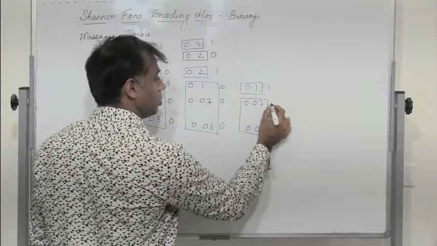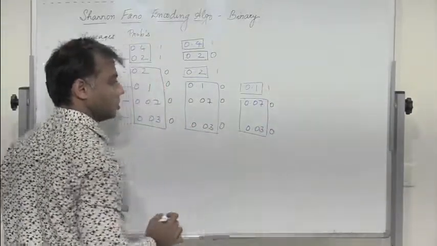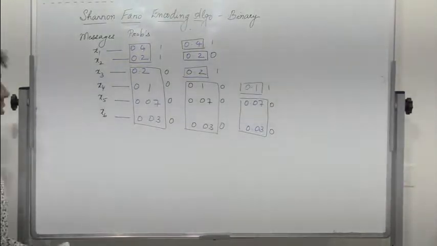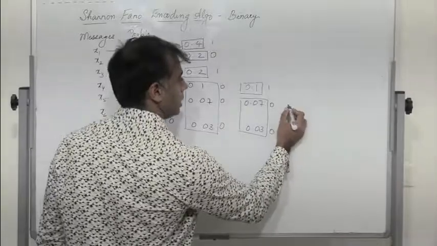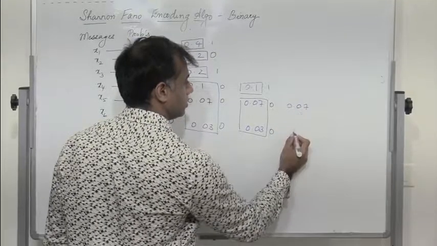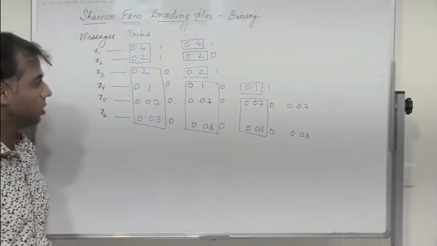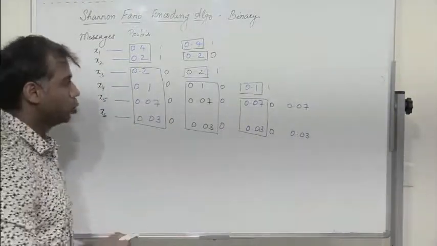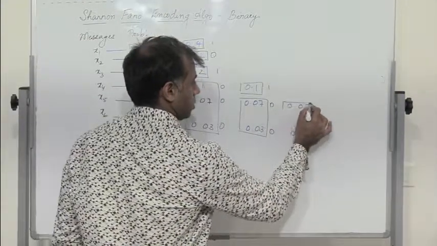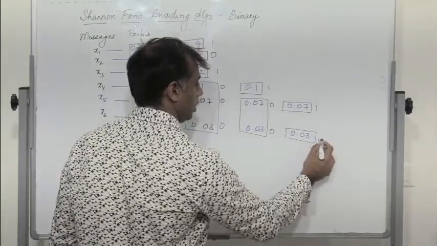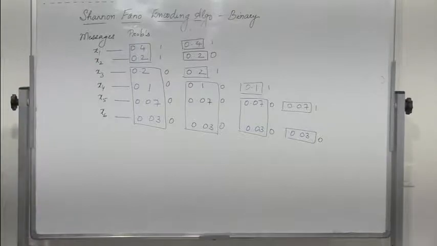Assign 1 to the top group and 0 to the bottom group. Again divide this into 2 nearly equal probabilities. This is the only further division which is possible because we are just left with 2. So combine 0.07 and 0.03, assign 1 and assign 0.